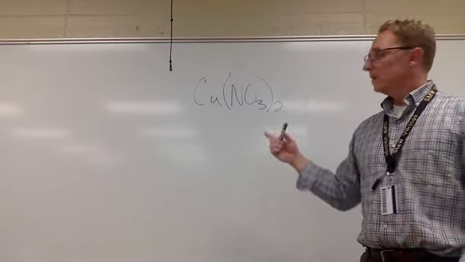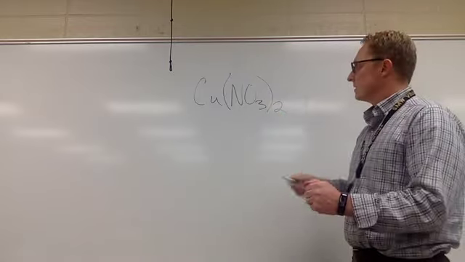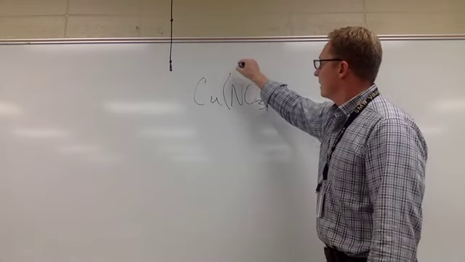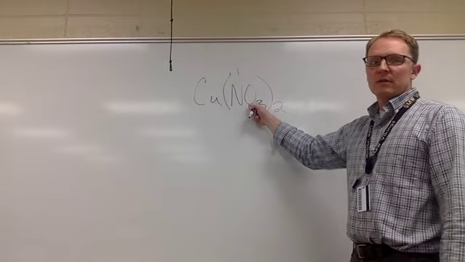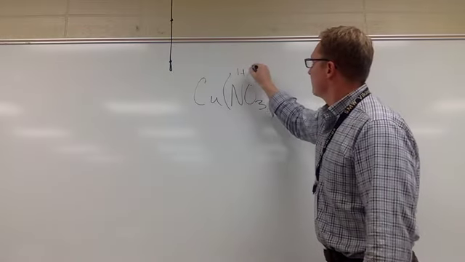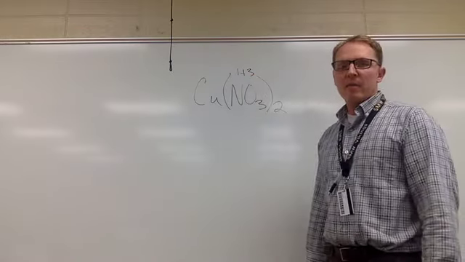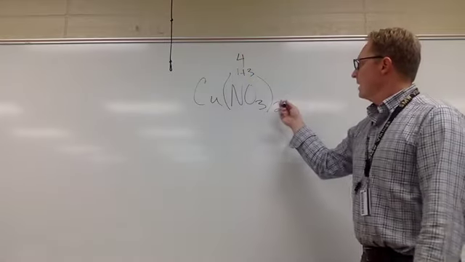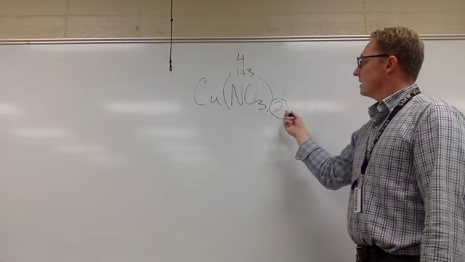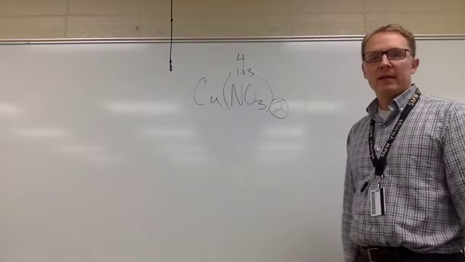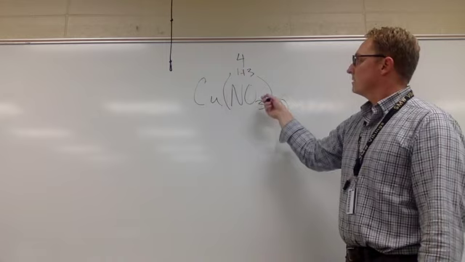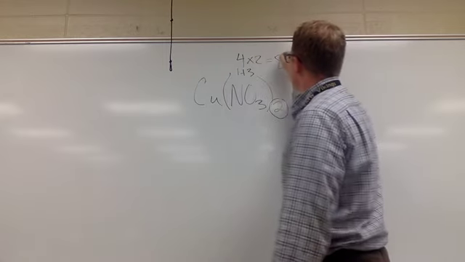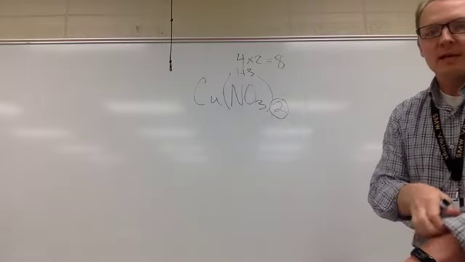Where do we start? In the parentheses. Inside the parentheses, we have nitrogen. There's no little number next to it. So remember, it's automatically a 1. Oxygen, there's 3 of them. So I'll add those together. Inside of that parentheses, I have 4 atoms. The little 2 outside the parentheses means that this is going to double everything that's in there. If I have 4 atoms inside, when I double it and multiply by 2, that means I have 8 atoms just inside the parentheses.